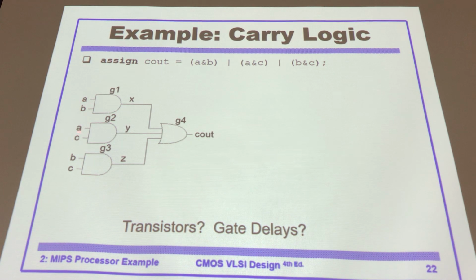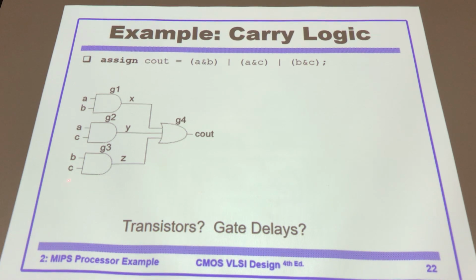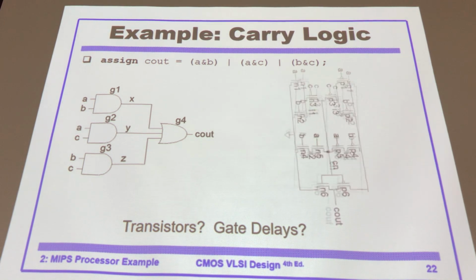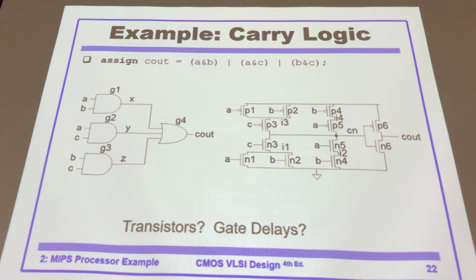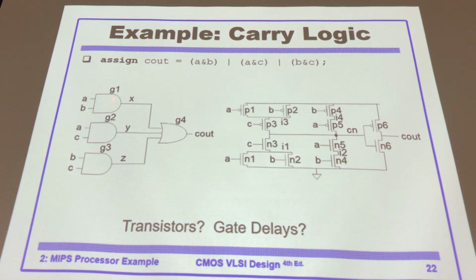A and B, A and C, B and C, and all together, right? If we design this Boolean function using logic gates, it looks like this, and we can draw the whole Boolean function in one compound gate. It's going to look like this. It is a gate.